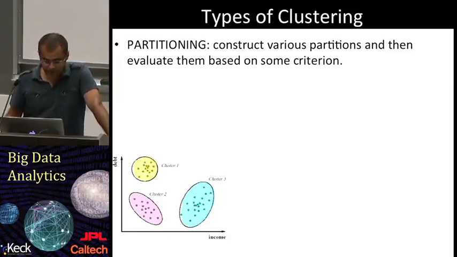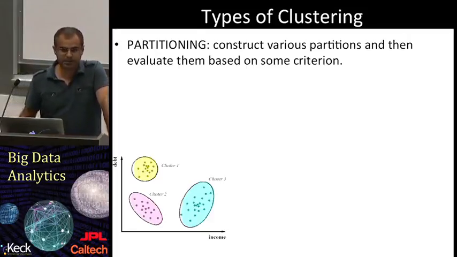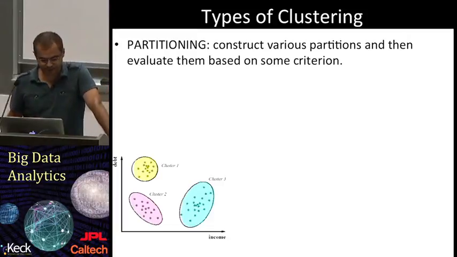During this process, many partitions are built and then evaluated based on some criterion. In this approach, the number of clusters k is given in input and may come from external or expert knowledge or from an optimization algorithm that aims to find the best k. And k-means is a typical partitioning method.